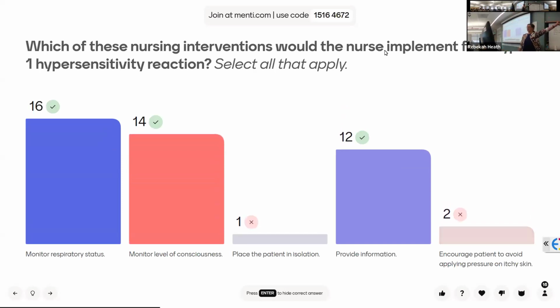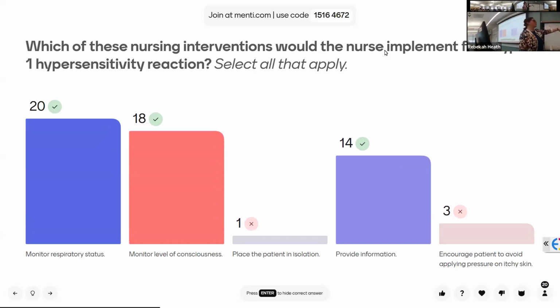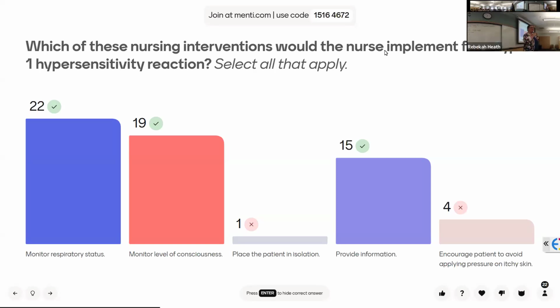All right, so yeah, monitor respiratory status, monitor their level of consciousness. Why do we monitor level of consciousness? Respiratory status, right? Because if I'm not ventilating enough, if I'm not perfusing my brain, I'm probably going to get a little wonky in my brain. They don't need isolation.